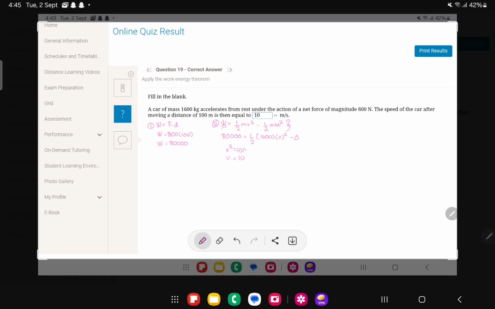And what's work? Work is FD. So first find work, then substitute all the numbers here, and obviously the initial velocity is going to be 0, so that term turns out to be 0. So just find this and isolate the v, and you're going to find it.